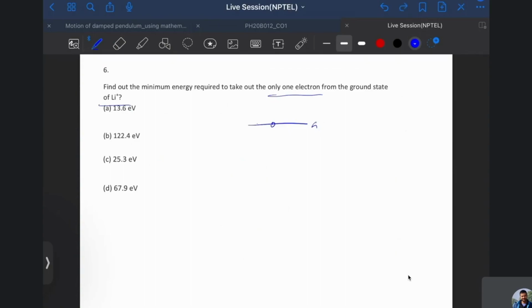And how do we do that? So you know the energy. For hydrogen atom, I've written the energy.